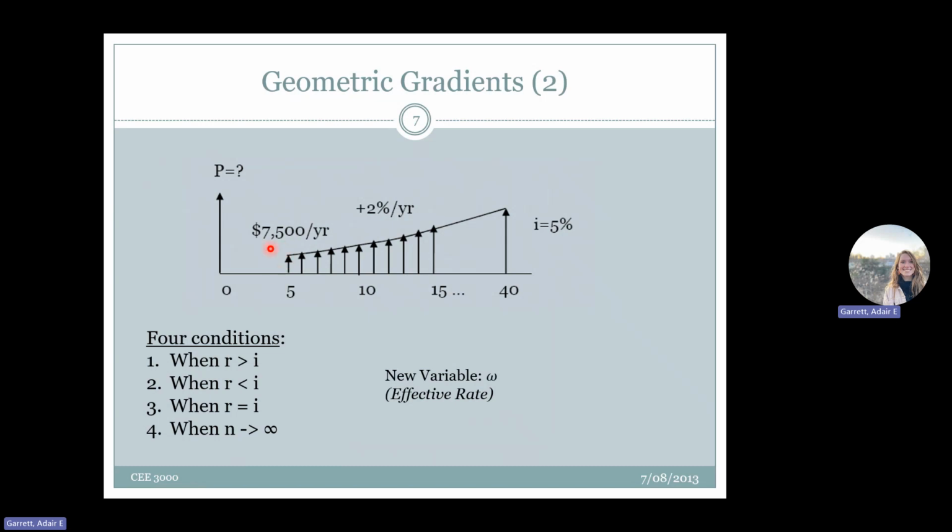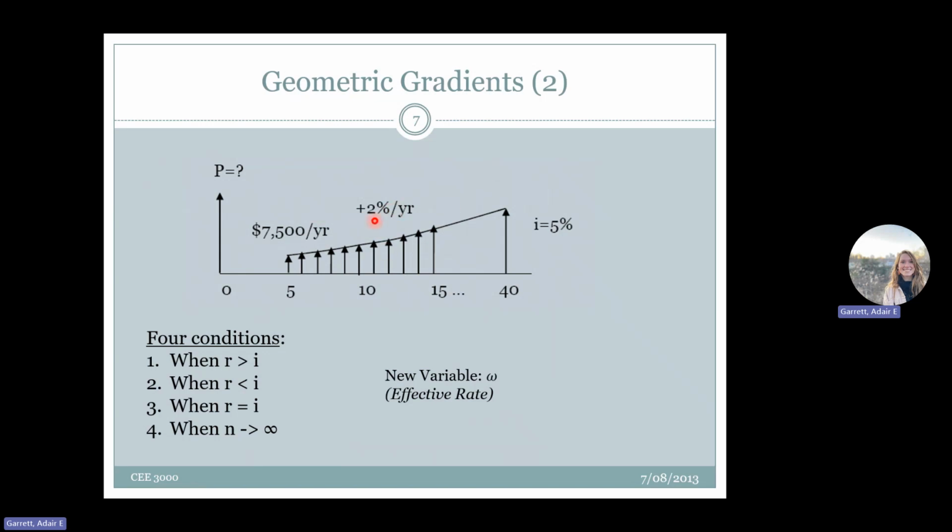Okay. So let's talk a bit more about what we have on this slide. We see that we have 4 conditions when we're talking about geometric gradients. When R is greater than I, we'll have a present worth formula in terms of C, I, R, and then this new variable, which I'll talk about in a second. We also know that R may be less than I, which is the case in this example up here.